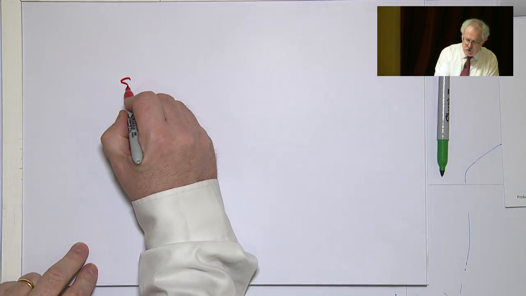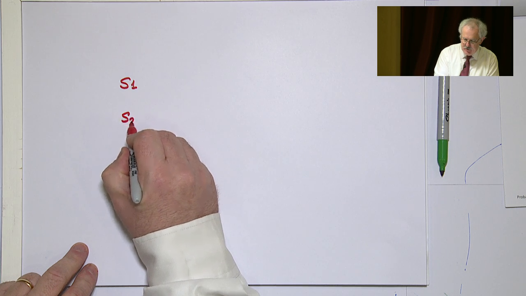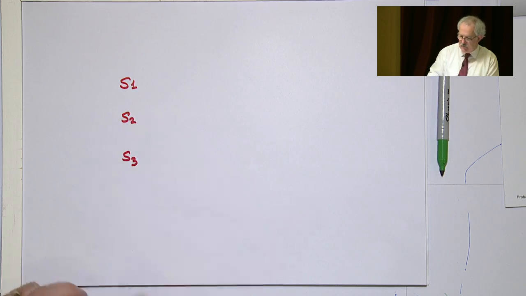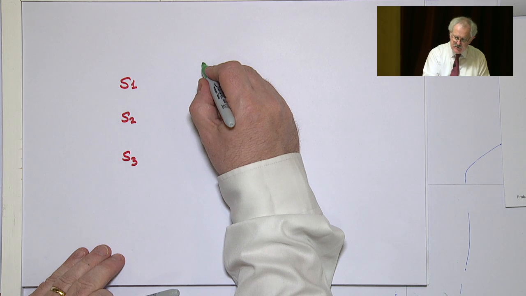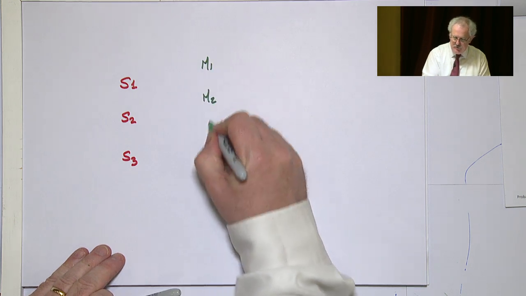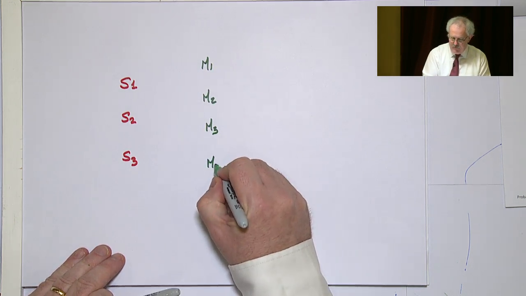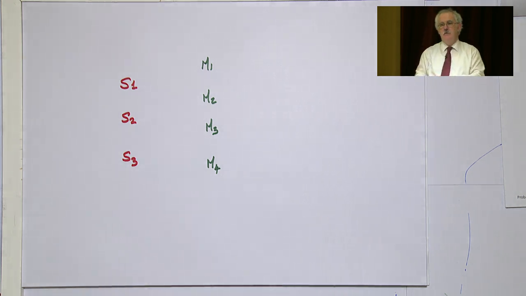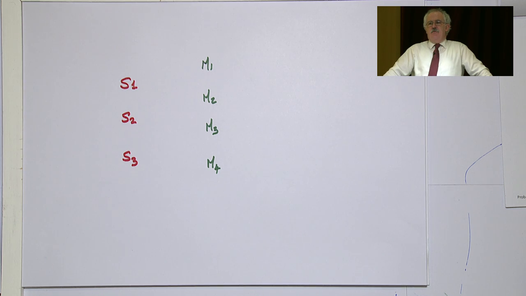Starter 1, starter 2, starter 3. In terms of main courses, main 1, main 2, main 3, main 4. How many different outcomes, or combinations, are there?